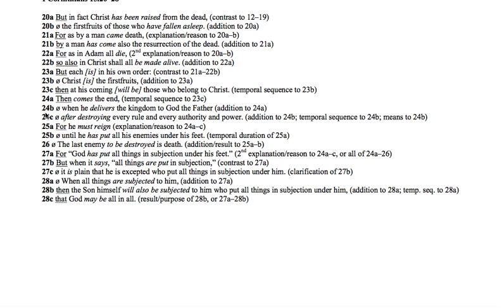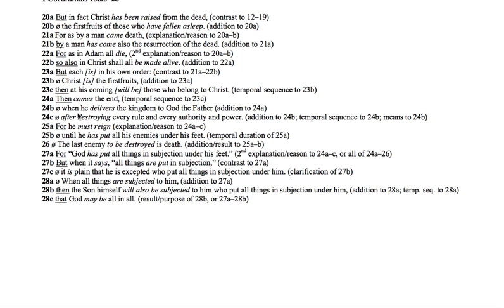Okay, 24b, asyndeton, when he delivers the kingdom to God the Father. So I've noted that this is an additional comment. Asyndeton, after destroying every rule and every authority and power. Now this one, I've noted that it is an additional comment to 24b, but it could also be understood as a temporal sequence to 24b, right, after destroying, or it could be the means to 24b.